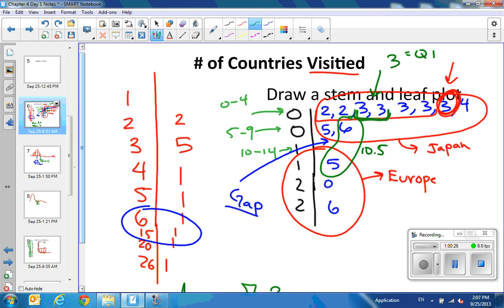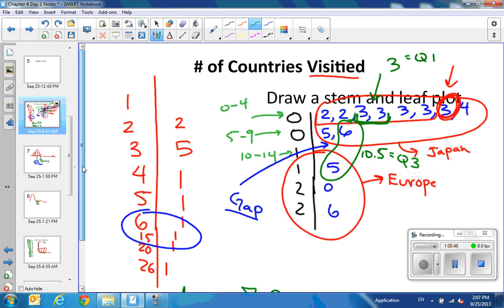Does that make sense? Okay. 10.5 is Q3, because it breaks the data into quarters, right? The first quarter, the middle, and the third quarter. You see the quarters? This quarter, that quarter. Okay, so the IQR is equal to Q3 minus Q1.